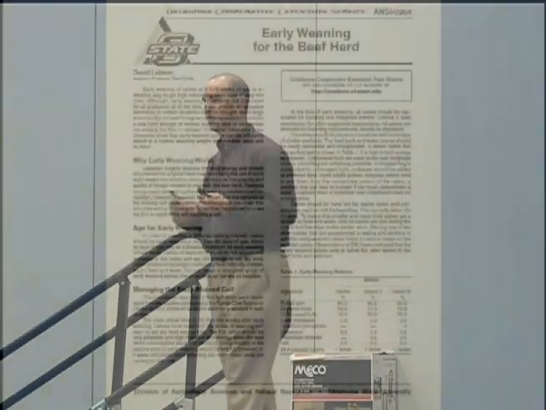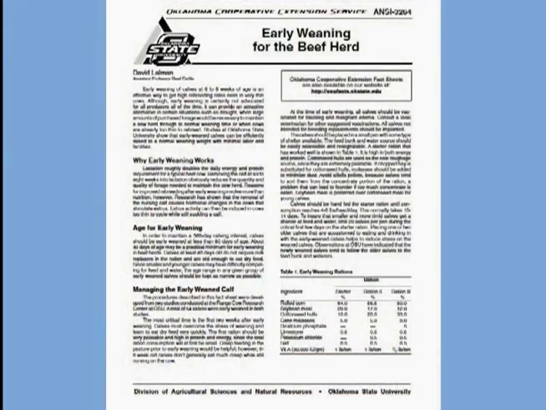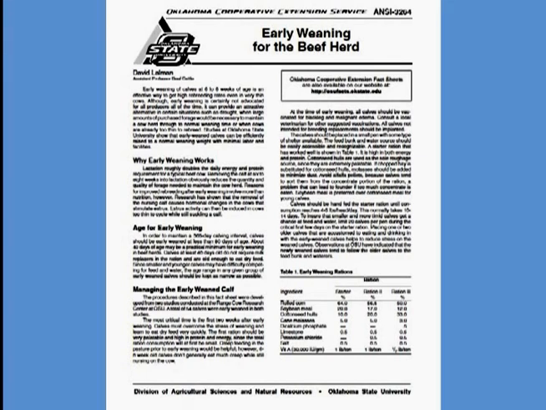Another nice publication, and probably one of the few in the nation addressing how to manage and handle those early weaned calves, was written by Dave Lalman at Oklahoma State, and it's titled Early Weaning for the Beef Herd. Oklahoma State's website is kind of hard to navigate, so the best way to find it is to Google early weaning for the beef cow herd and the name Lalman. If you can't find it, I'll be happy to email it to you if you contact me.